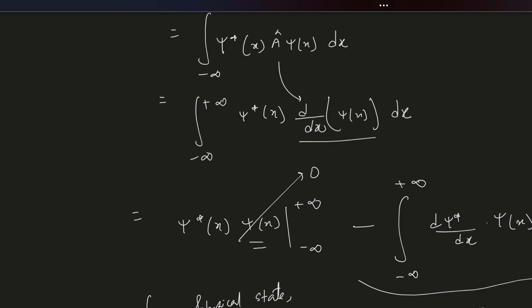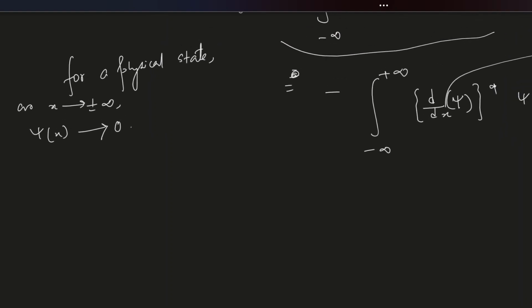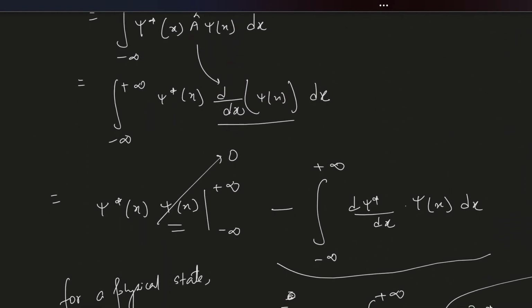Now the star can be taken outside, because x is the position, it cannot be complex, it's real. Position can't be complex. So whether you take d/dx or d/dx star, it basically means the same, right?